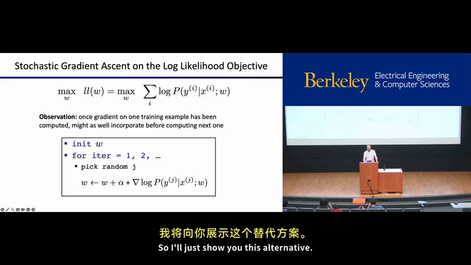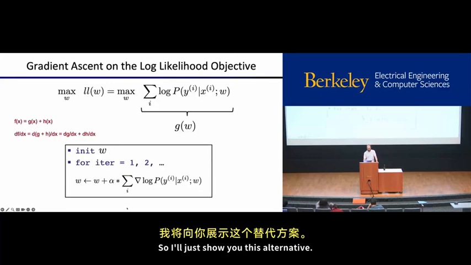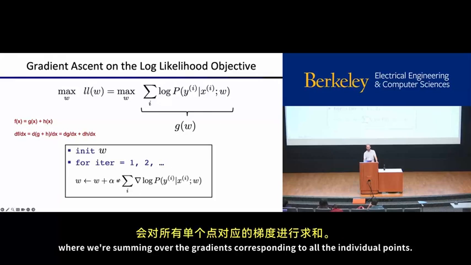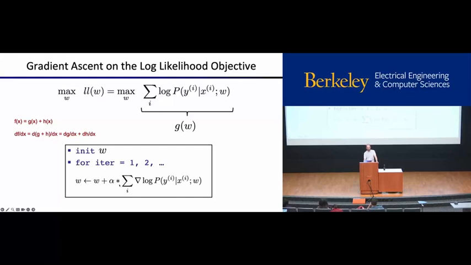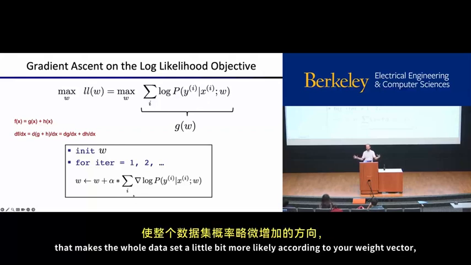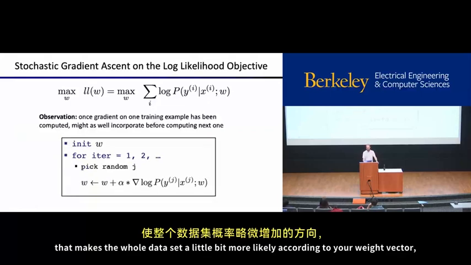So I'll just show you this alternative before. Here we make one update where we're summing over the gradients corresponding to all the individual points. This would be the direction that makes the whole data set a little bit more likely according to your weight vector.